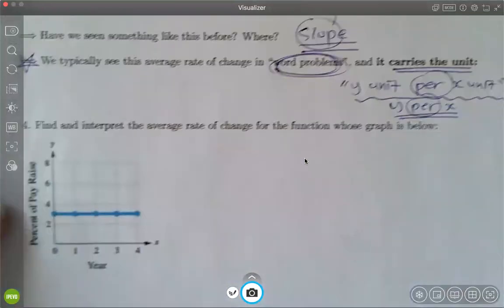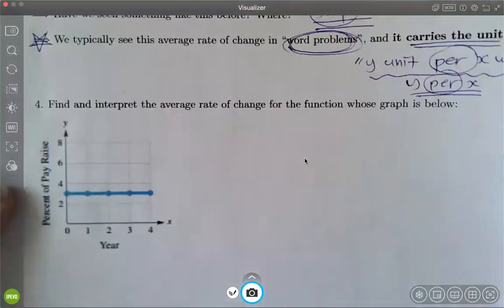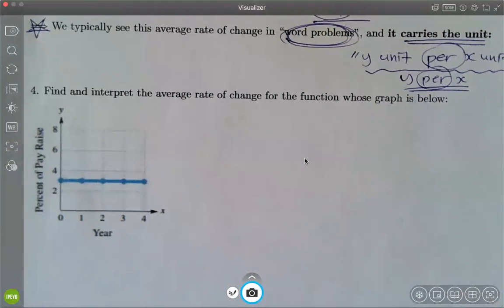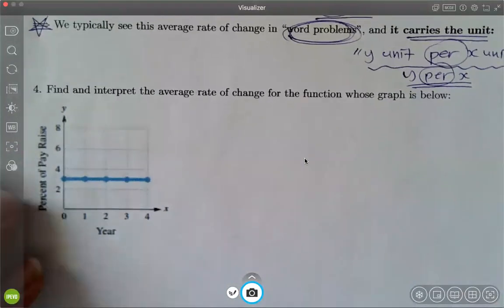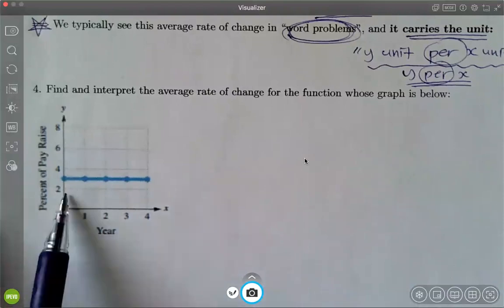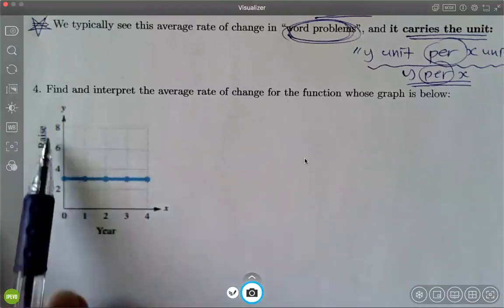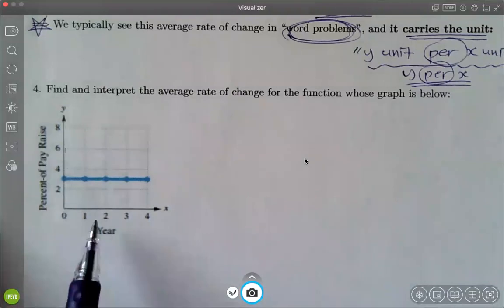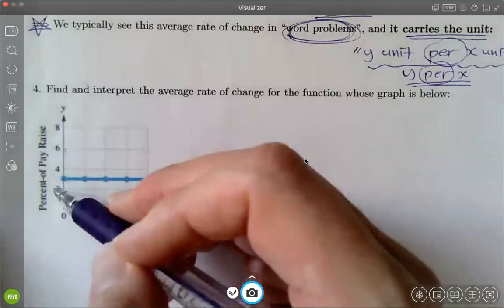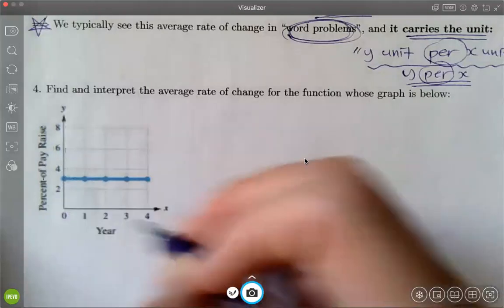Find and interpret the average rate of change for the function below. Okay, so the percent of pay raise. Here we have x and y axis, but they have names, right? The y-axis has the name of what? Percent of pay raise, right? And then the x-axis is the ER, right?